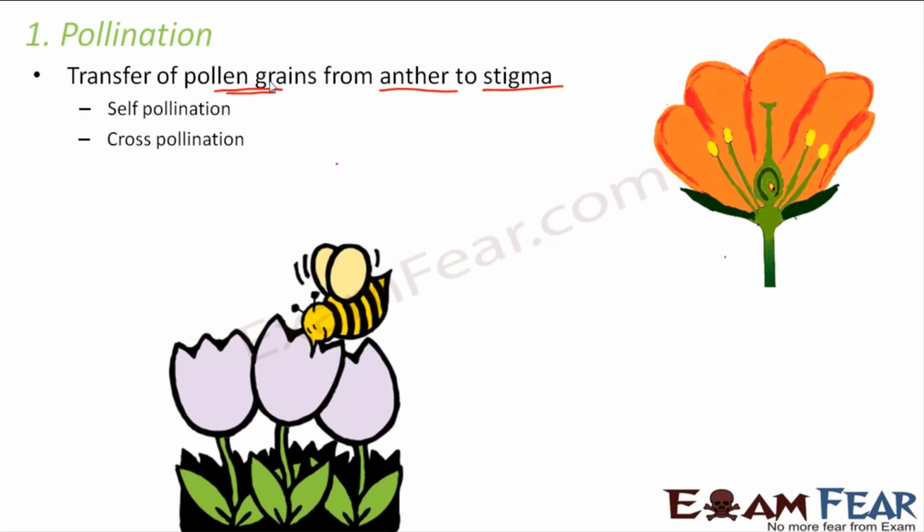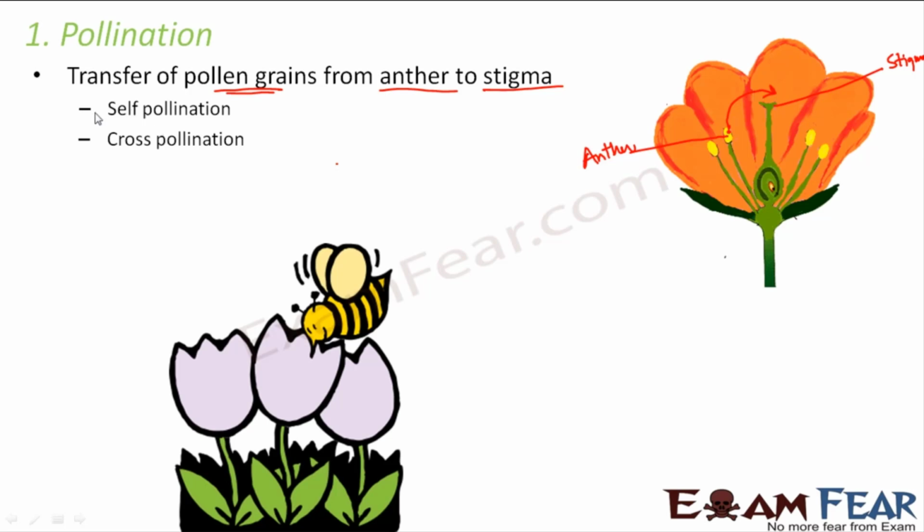Now, there are 2 things that can happen. One possibility is that the pollen grains will move from anther to the stigma of the same plant. This is the stigma and this is the anther. So one possibility is that the pollen grain will move from anther to stigma of the same flower.